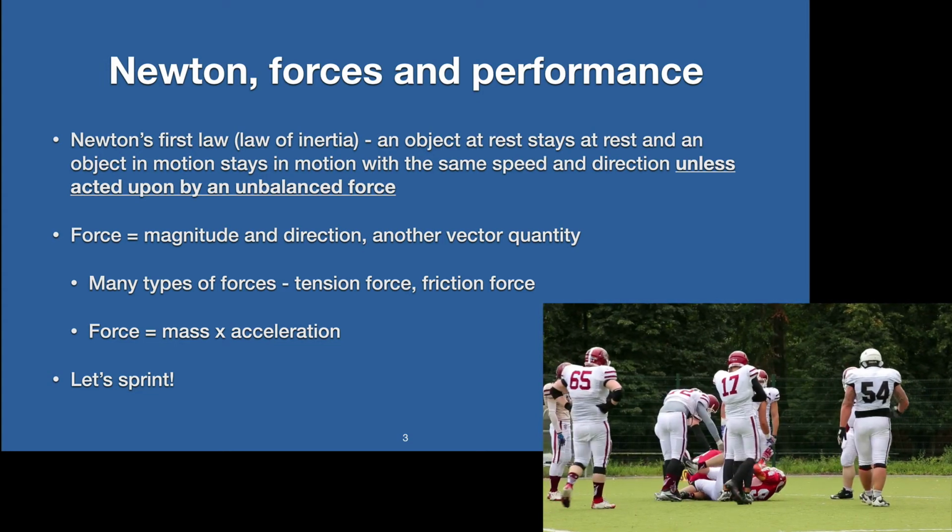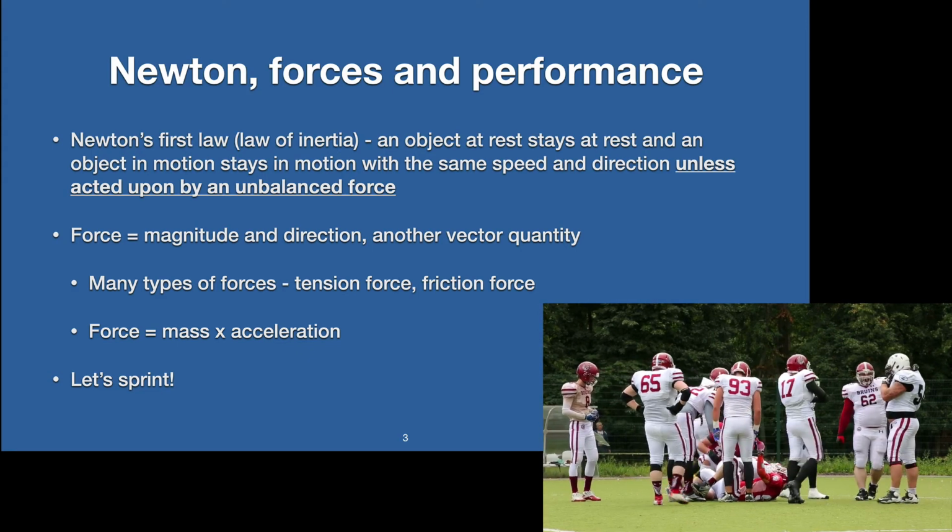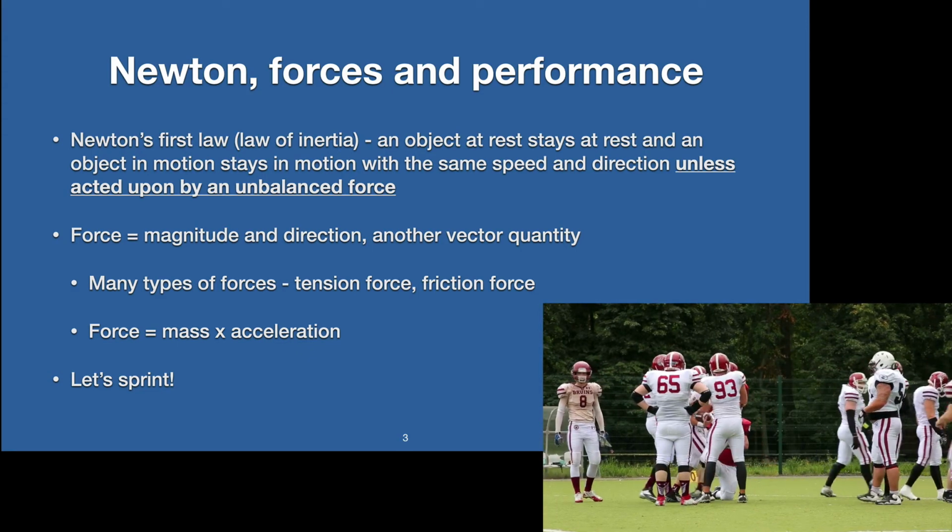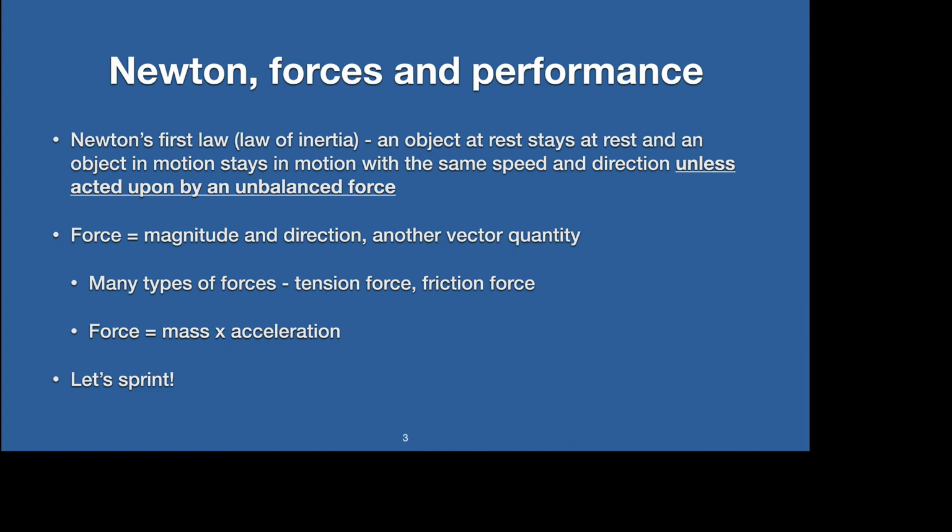Newton's first law, which is often called the law of inertia, says that an object at rest stays at rest, and an object in motion stays in motion with the same speed and same direction, unless they are acted upon by an unbalanced force. So if we want to talk about a sprinter standing on the blocks, they basically are an object at rest, right?